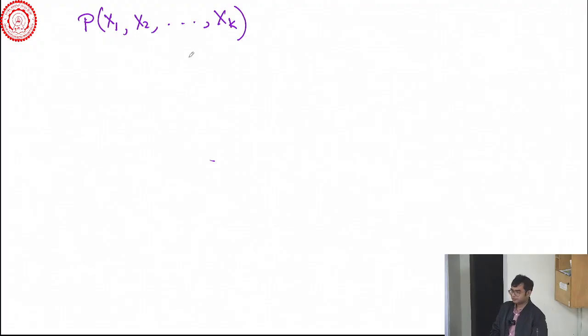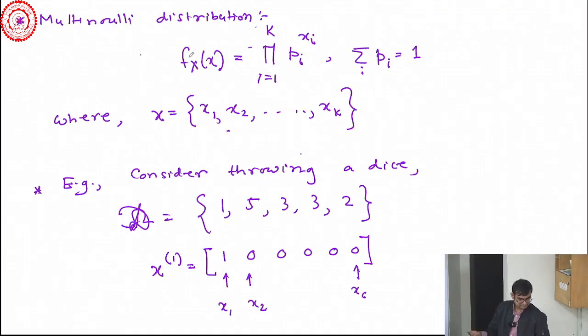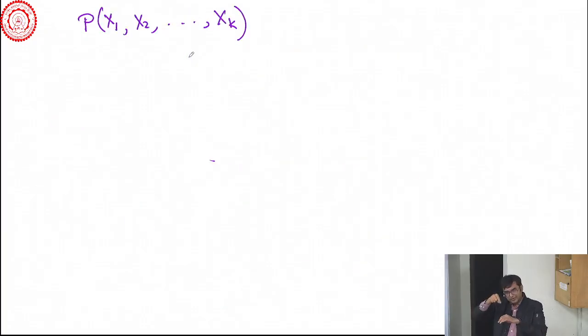Small xk in the previous one is basically denoting that at a single location, let's say in an image, what is the pixel value? It is 0, 1, 2, 3, 4, 5, up to 255. That's what it is denoting. This capital XK is denoting the location itself. Is it the top corner, bottom corner, center, which one?